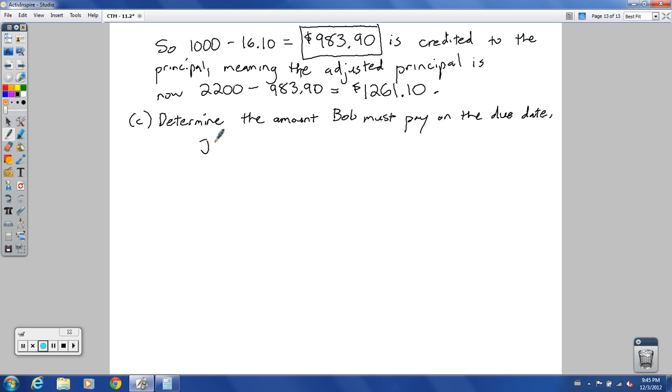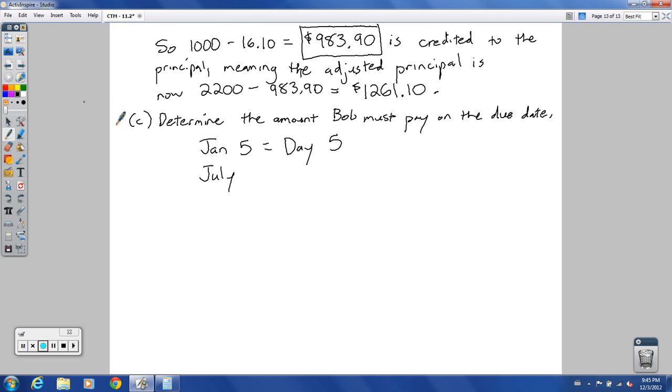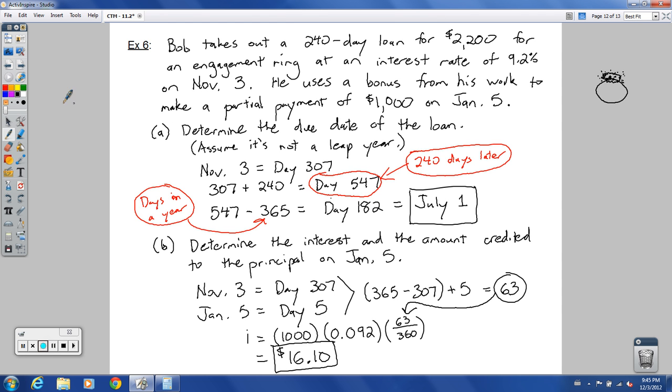And so we know now, basically we have think of it as a brand new loan almost, starting at January 5, the day of this $1,261.10 loan. So starting at day 5, and then we figured out before that July 1st was the due date of the entire loan. So July 1st, that was the same thing as day 182.